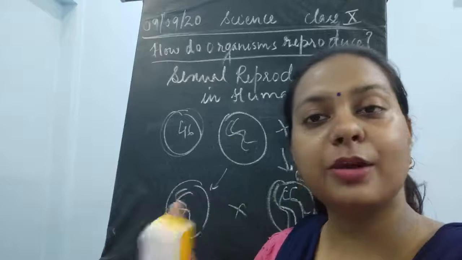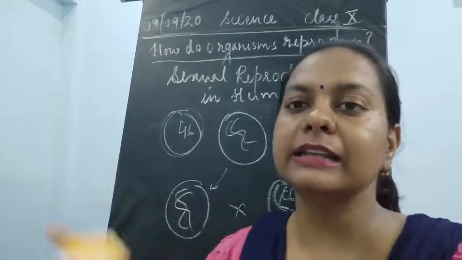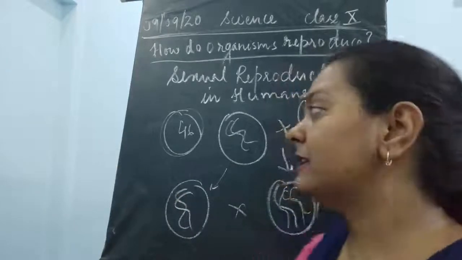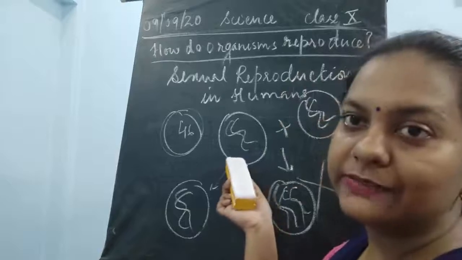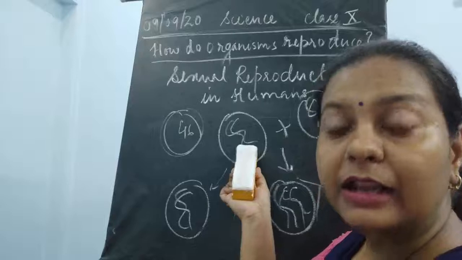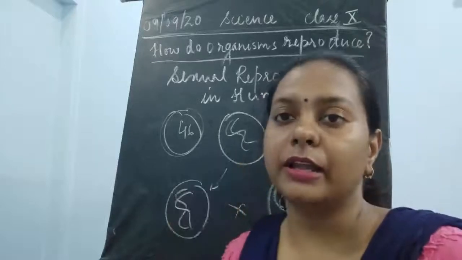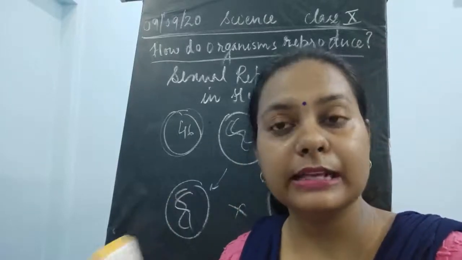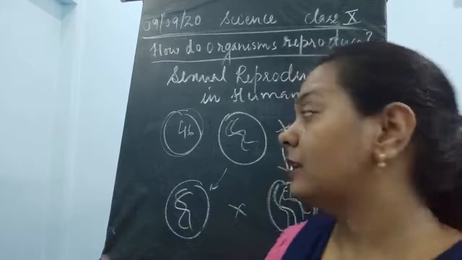I had just told you that each cell contains a nucleus, and inside the nucleus we have double-stranded DNA. But here I am saying that not all the cells in the body have this only.